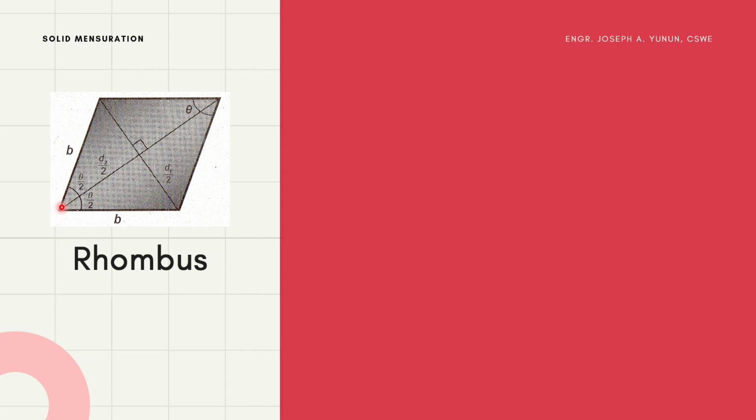So for the diagonal drawn here, similarly a diagonal is drawn here. This is D2 and this is D2, I mean this is the whole diagonal. So it divides that into two congruent segments. So D2 over 2 is the value of this segment here. Similarly, this is D2 over 2. This is D1 over 2, and this is D1 over 2.